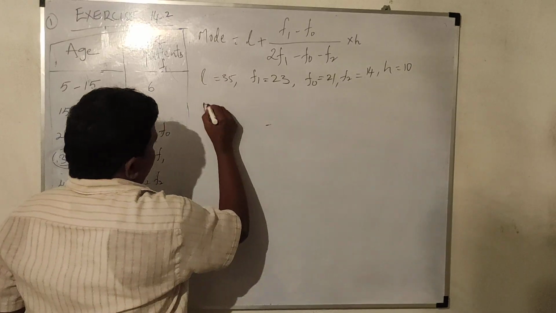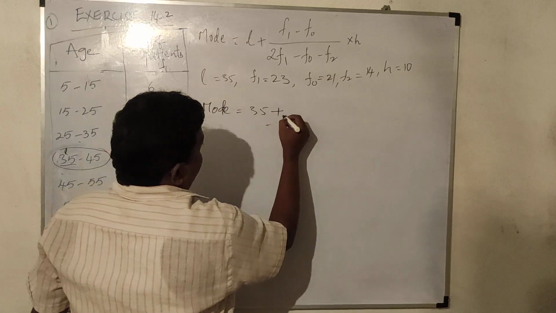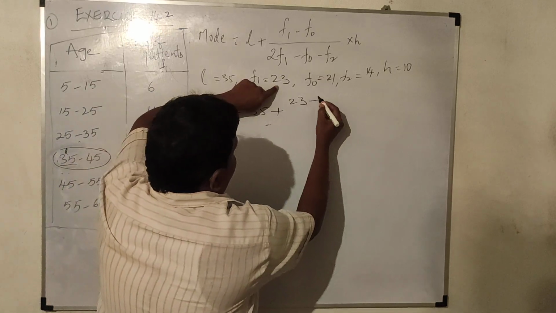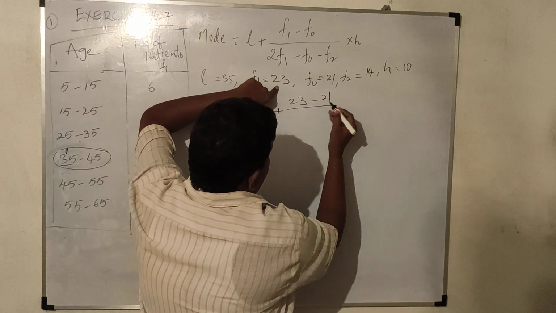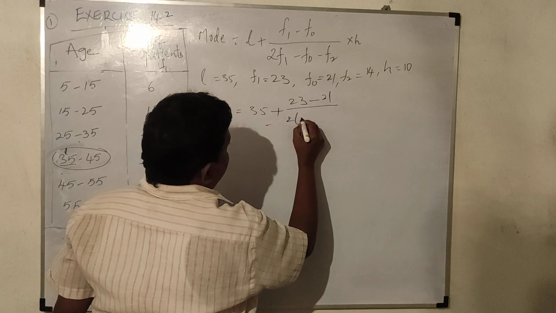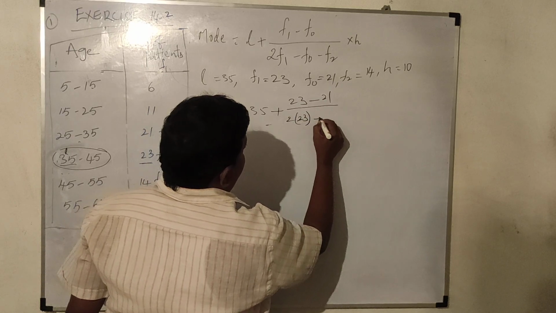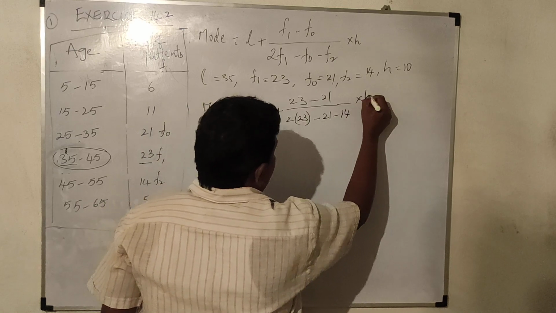So then mode is equal to L, 35, plus F1 is 23, F0 is 21. This is 2 into F1, 23, minus F0, 21, minus F2, 14, into h.